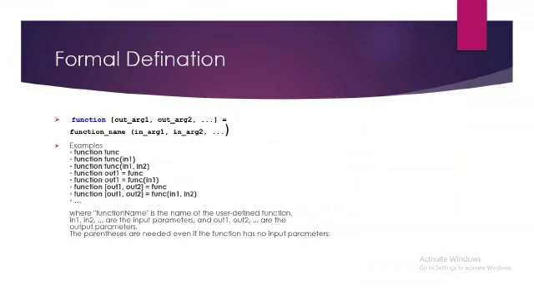You can see here, when we are writing the function, function is a keyword. On the left-hand side you put the output arguments, and on the right-hand side the function name and the input arguments.